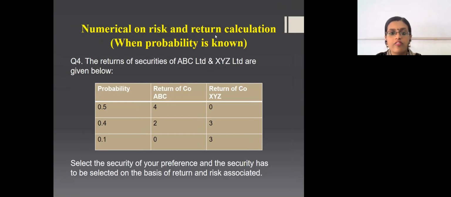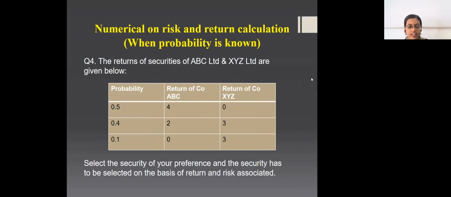So here we are going to calculate the risk and return when your probability is given. So the entire formula to calculate your risk as well as return will change. If you look into the question, they have told the returns of security ABC company and XYZ Limited are given below.